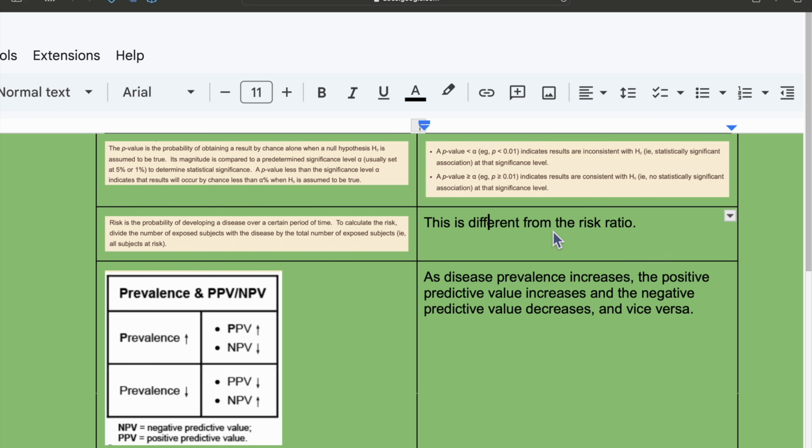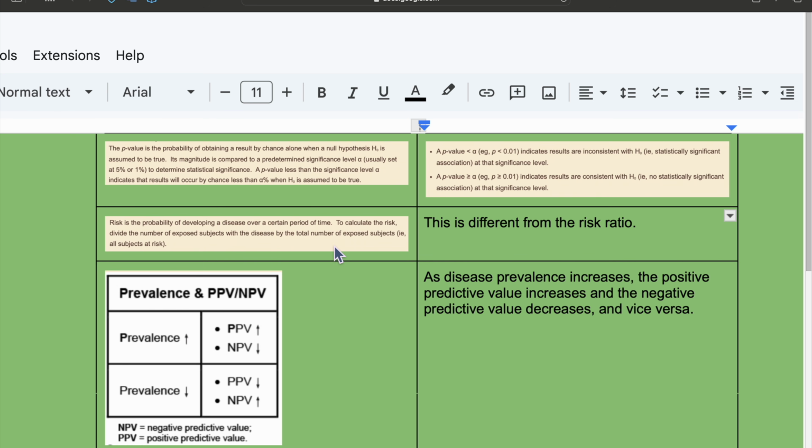Okay, so risk is the probability of developing a disease over a certain period of time. This is different from the risk ratio. When you're doing the calculation, to calculate the risk, you divide the number of exposed subjects with the disease by the total number of exposed subjects.